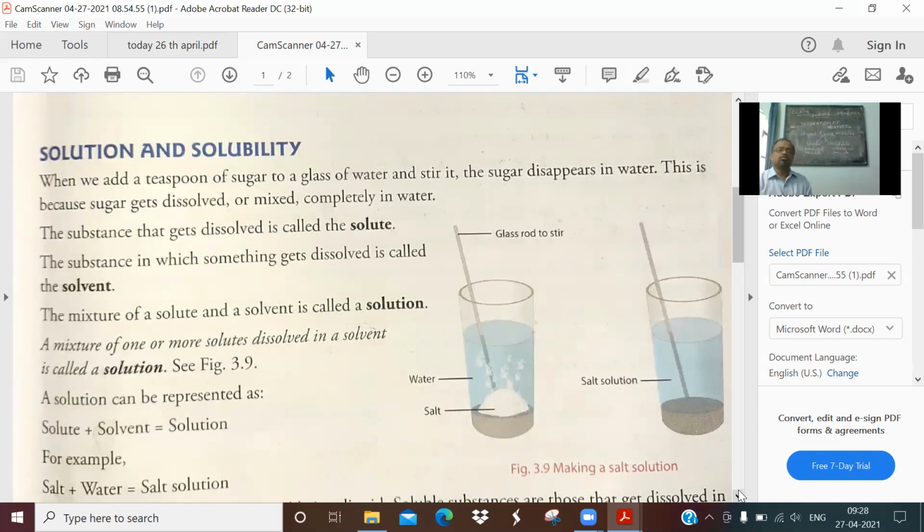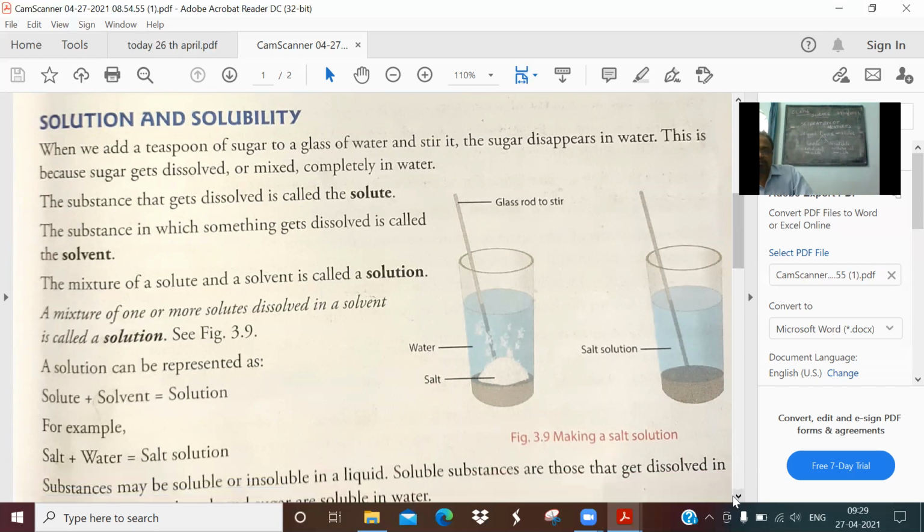A mixture of one or more solutes dissolved in a solvent is called a solution. Here, homogeneous mixture we need to specify. Solution can be represented very simply: solvent plus solute gives solution. They have given the example: salt plus water, salt solution.